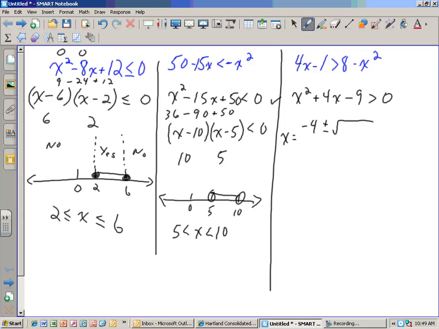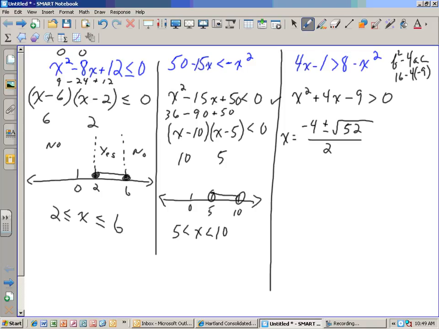And sometimes it's easier, I think, to figure out the discriminant separately. It's kind of less paper, I suppose. But b squared minus 4 times 1 times c. So I have 16 plus 36. So that gives 52. That's my discriminant. Over 2a.